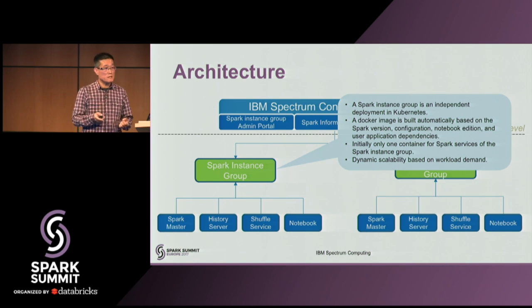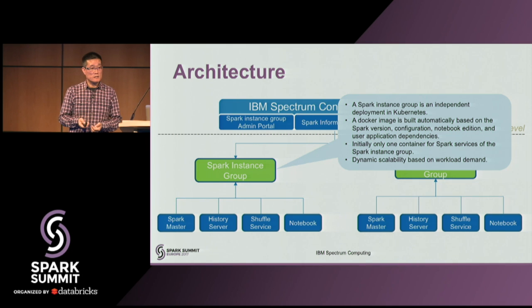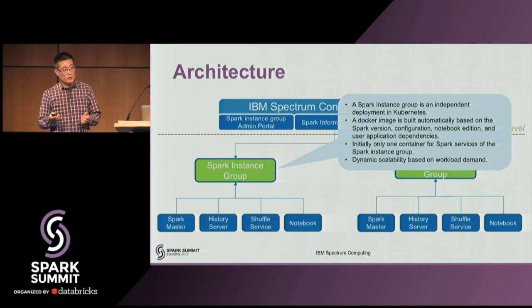From the Kubernetes perspective, a Spark instance group is a first-class deployment. The nice thing here is that after you define the scope of your Spark instance group, we automatically generate an image for you.